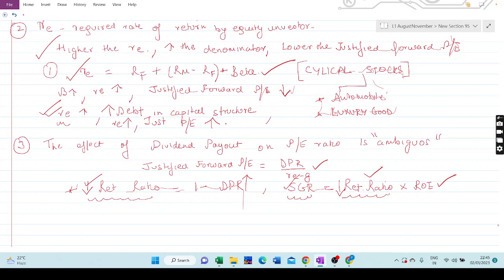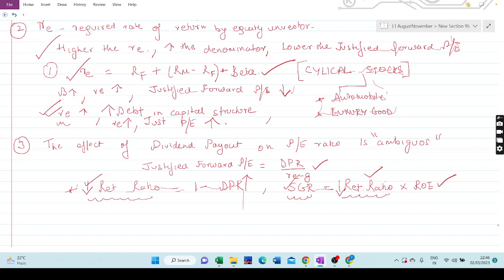Why does it reduce the SGR? This is what we can see mathematically, but the actual explanation is that a lower retention ratio means only a small portion of the company's earnings is reinvested in future projects. So if only a small portion is reinvested, then obviously the company's growth is going to be low. So if my retention ratio is low, my growth rate is low.